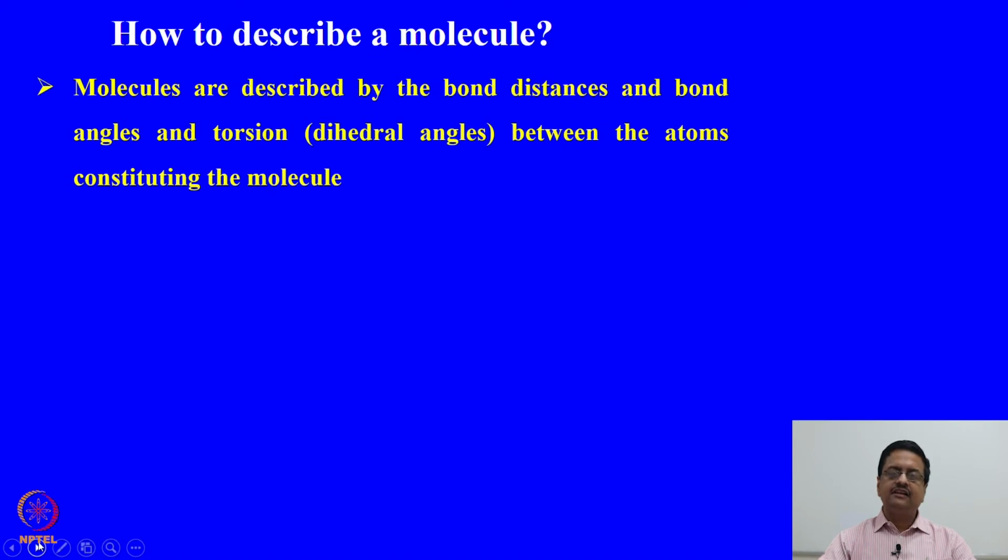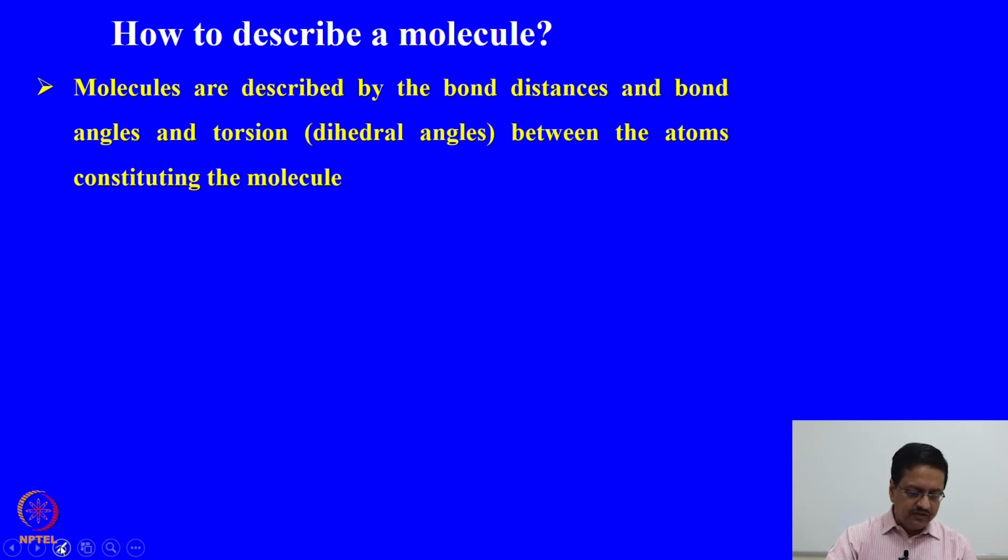Molecules are generally described by bond distances, bond angles and torsion angles, that is, the dihedral angles between the constituent atoms in the molecule. And once you know the bond angles, bond lengths and torsion angles of a molecule, we would also like to know how those atoms are oriented in space to know about their stereochemistry.